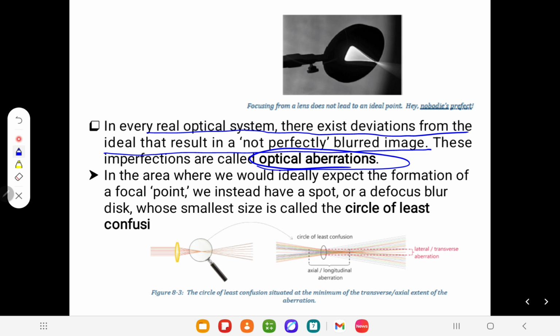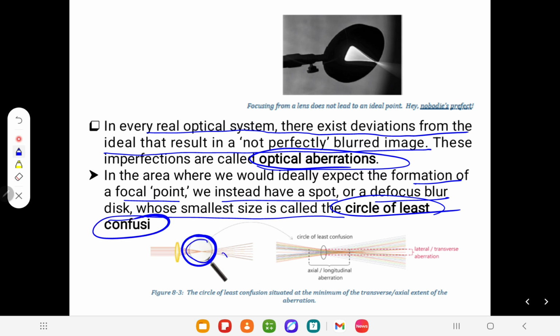In the area where we would ideally expect the formation of a focal point, we instead have a spot or focus blur disk, and this is called the circle of least confusion. We think that the focus is perfect, but if we zoom in, we can see there is a circle of least confusion, not an exact focal point. It's always there.